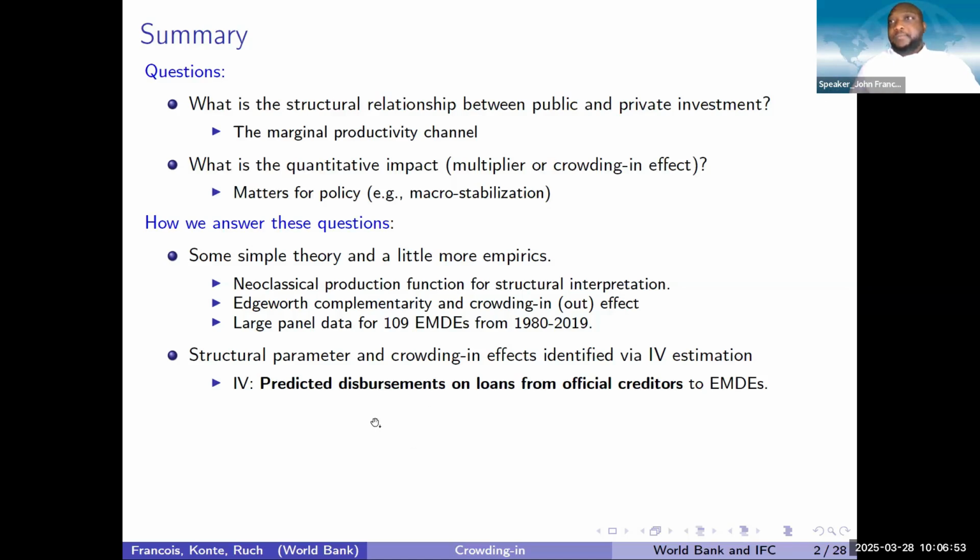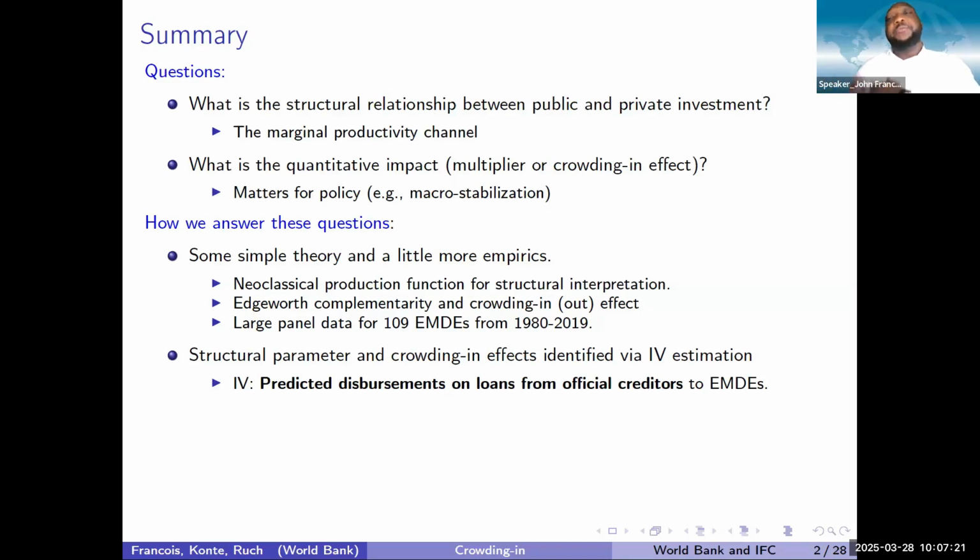When it comes to the empirical strategy, we use an instrumental variable estimator to uncover the structural parameter and the crowding in effect. The instrumental variable that we use is the predicted disbursement on loans from official creditors to emerging markets and developing countries.